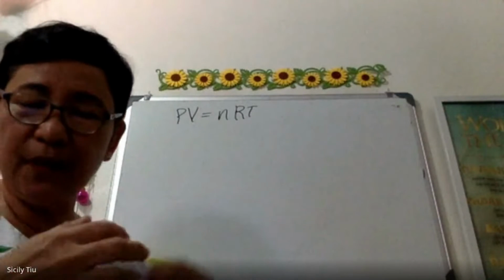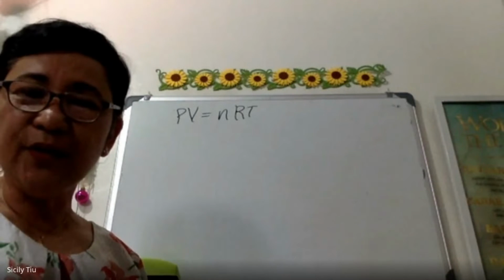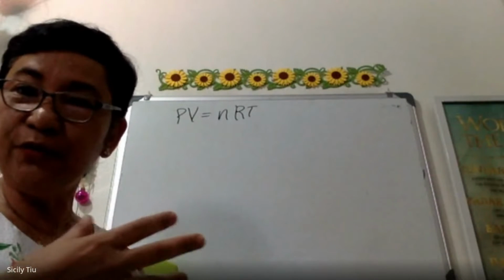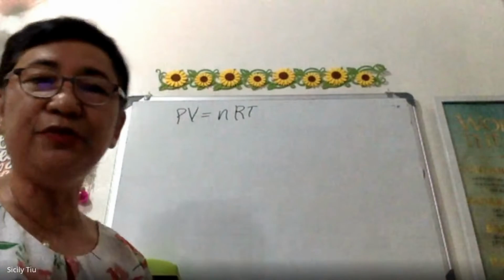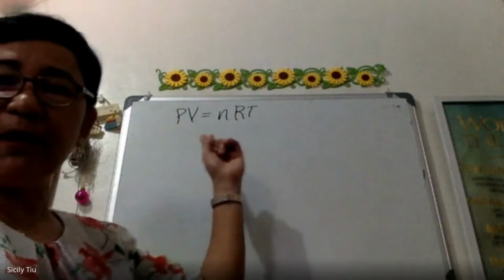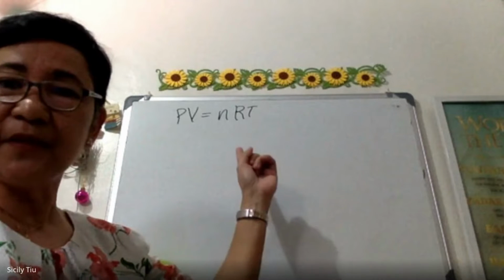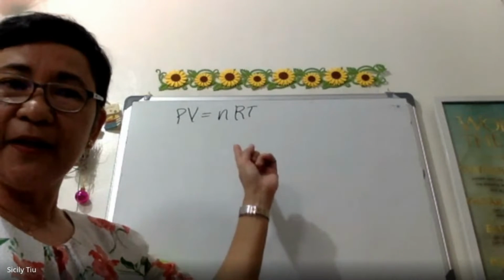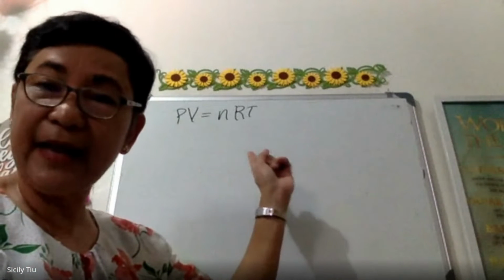when you derive equations, that's where your skill in manipulating and understanding your equation comes in. So, if this PV is equal to nRT, it's only applicable to ideal gas.